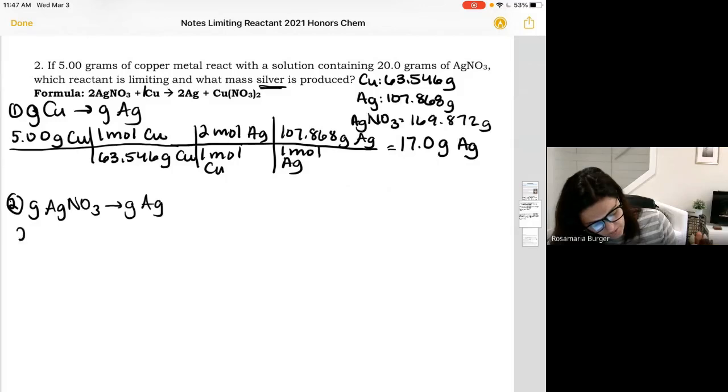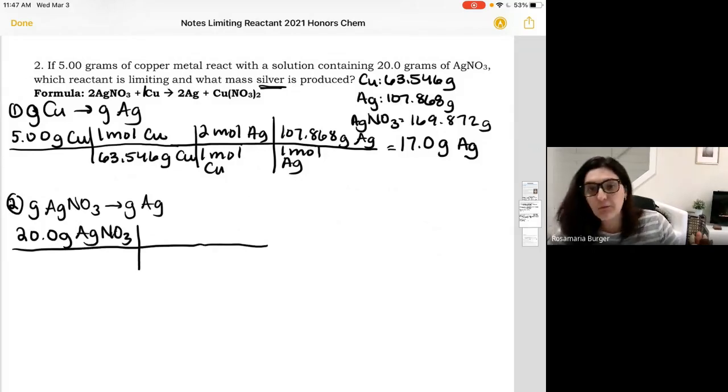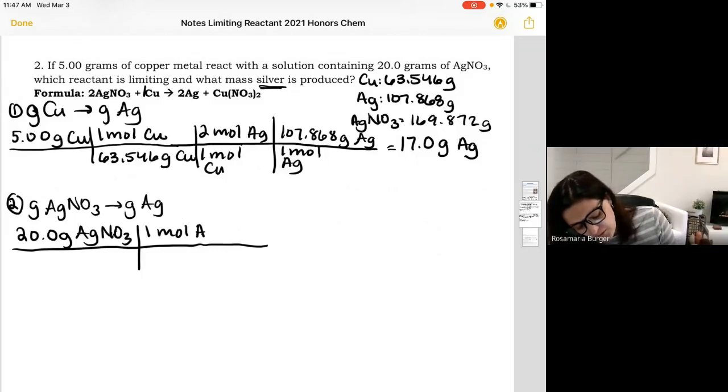So we're starting with 20.0 grams of AgNO3. We're going to get rid of grams of AgNO3 and get moles. So in 1 mole of AgNO3, we get, it says 169.872 grams of AgNO3.